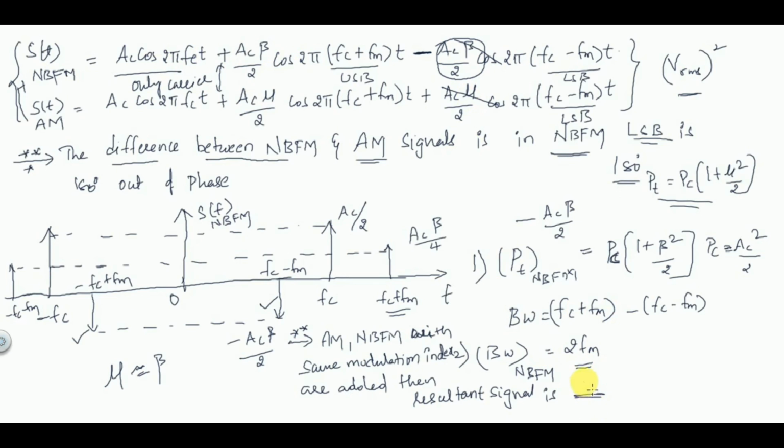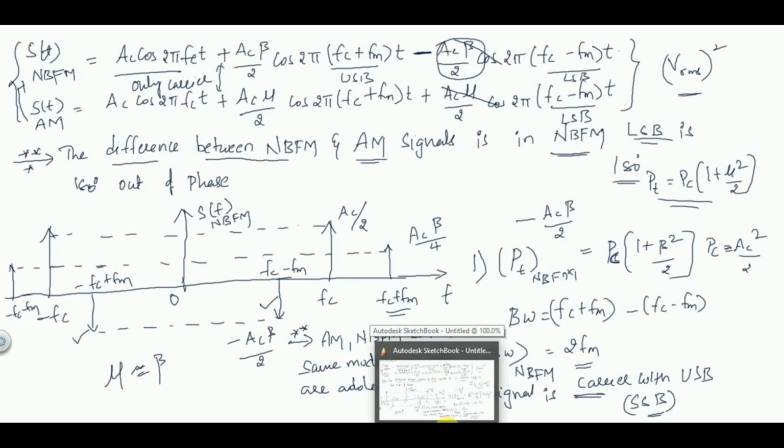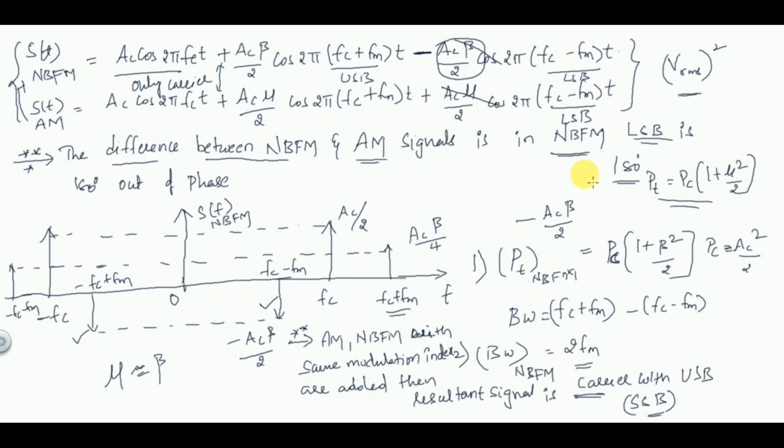So the resultant signal is carrier with USB, which is an SSB signal. This is the important point you have to remember.